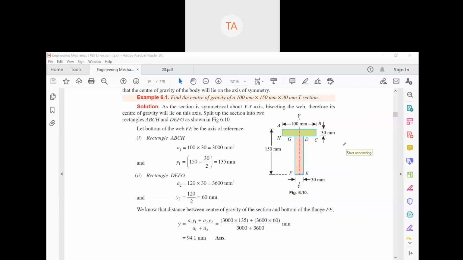A symmetrical figure means what? Suppose you cut this T into half. If you cut like this, one part will be like this, and the other part will remain like this. Yes or no?